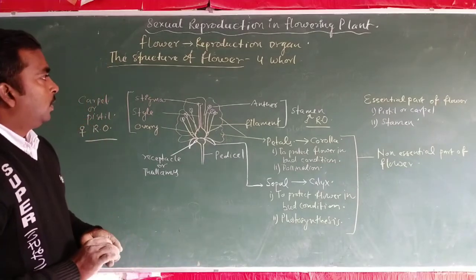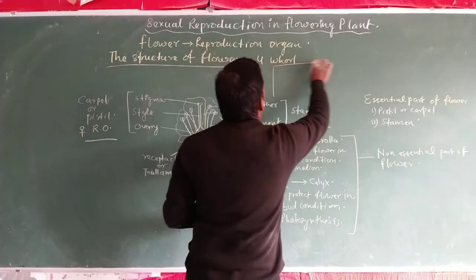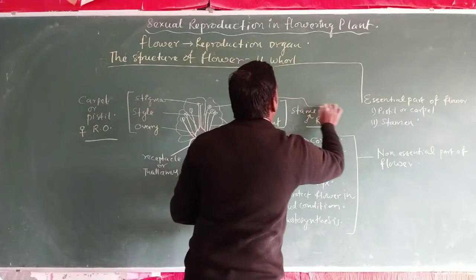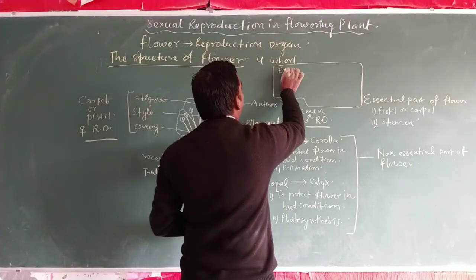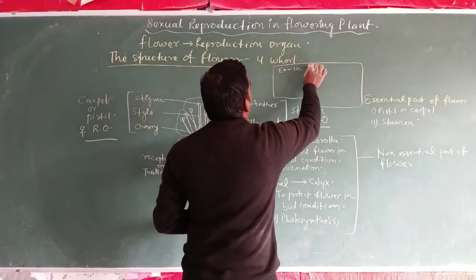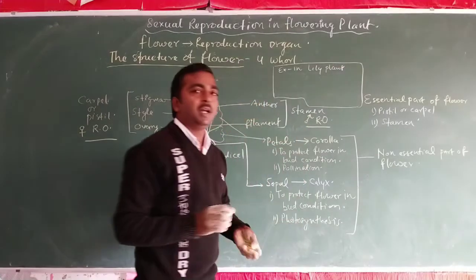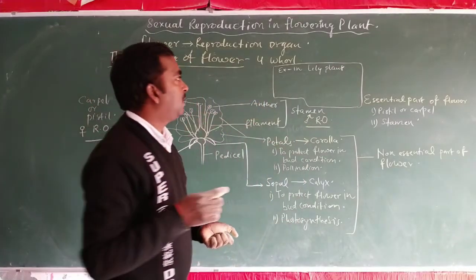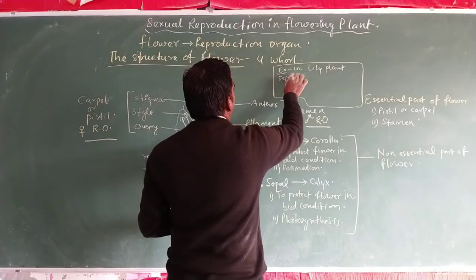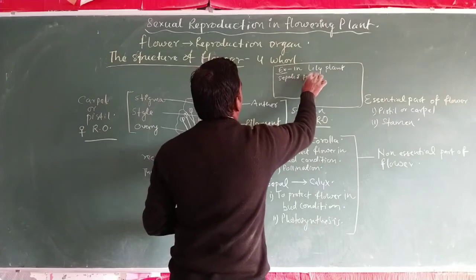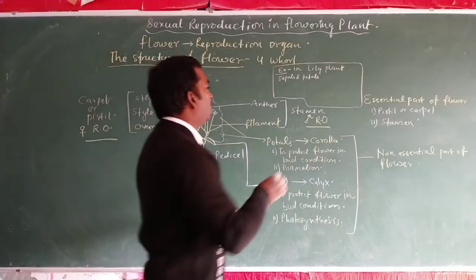Now one important thing we also discuss here is another structure in some kinds of plants. For example, in the lily plant, or plants of the Liliaceae family, we can easily see that there is no differentiation between sepals and petals.